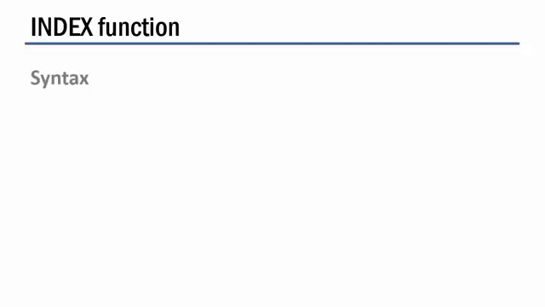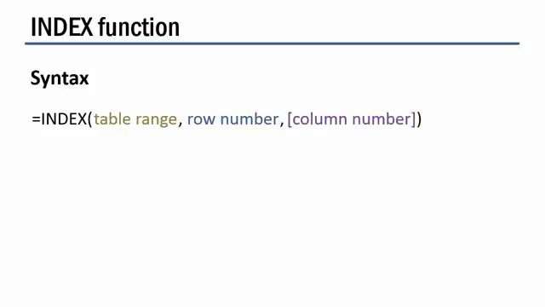So let's take a brief look at the syntax of the index function. We say equals index, open the parenthesis. First argument is the table range or data range. Again, it's the entire table that we've been looking at. Put in a comma, and then you have the row number, put in a comma, and then optionally the column number.